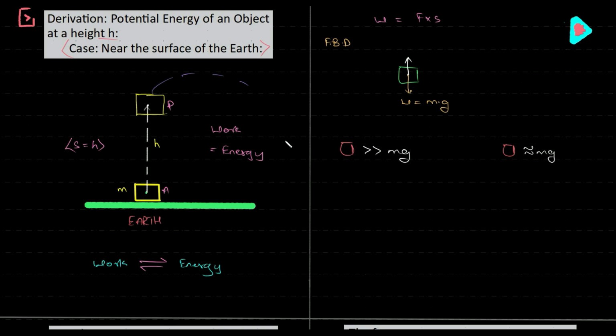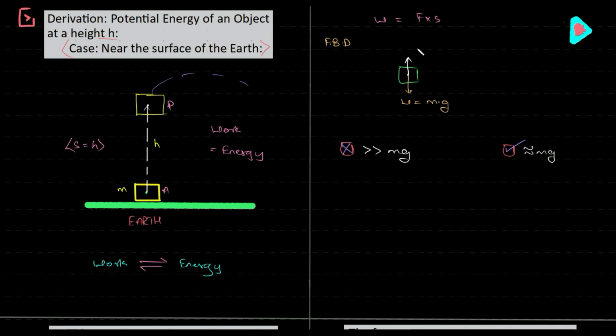The pencil, I had to just lift it to a particular height, but because I lifted it very fast, I did a lot more work than what is required, and the work will not match the potential energy because it flew away. It went to a different height altogether. So a lot more than mg is not a good idea. A bit closer is a decent idea, the right idea.